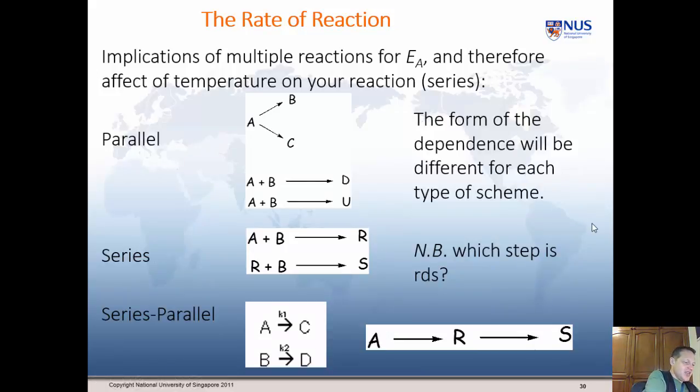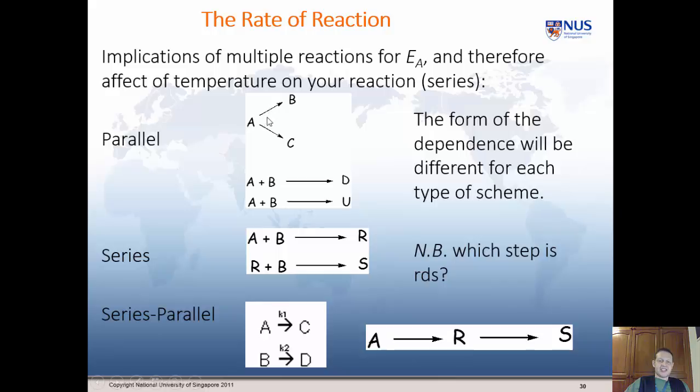So now we come back to our reaction forms and the effect of these activation energy and temperature sensitivities to each of these types of forms. So first of all, we're going to look at the obvious thing, which is, let's take the parallel reaction.